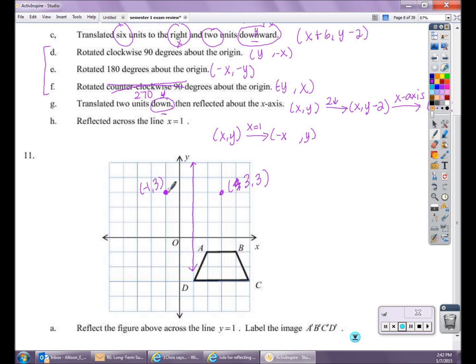And then I think, okay, well, if I reflect this across the x-axis, I would land here, right, because this is the x-axis. And then how much more do I need to go to reach my final destination? I need to go 2 more. So I'm going to add 2. All right, very confusing, I know. Hopefully there's not a question like that on the exam. But if there is, that is a way to do it.